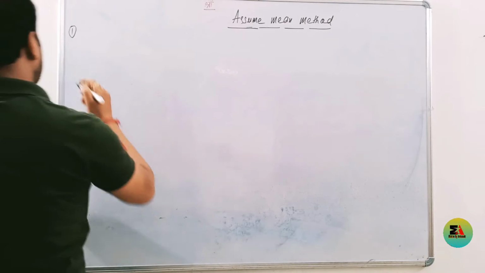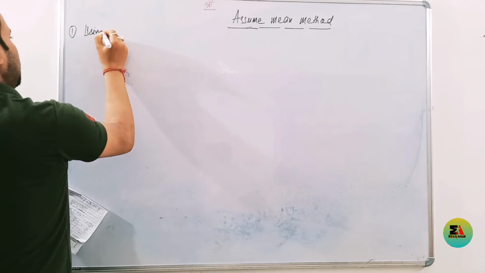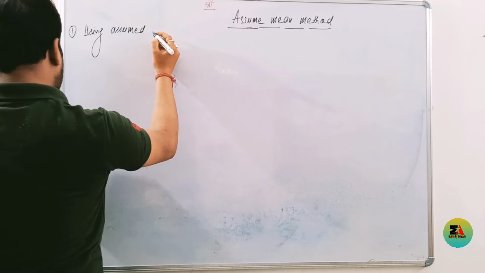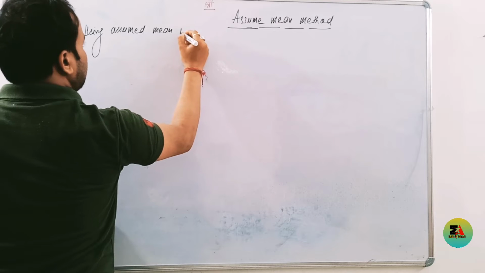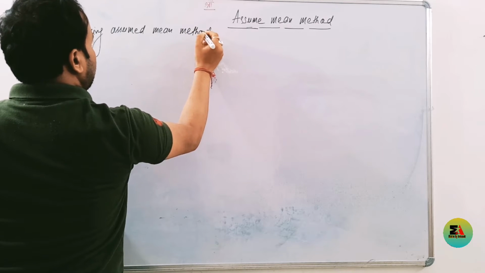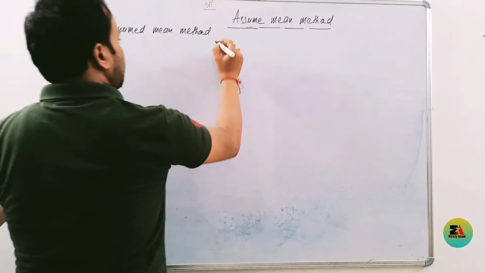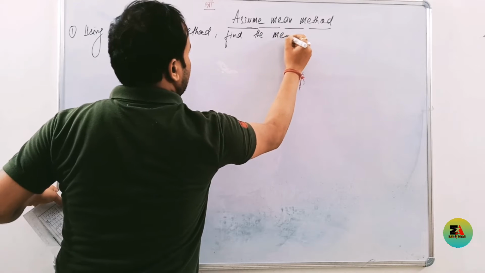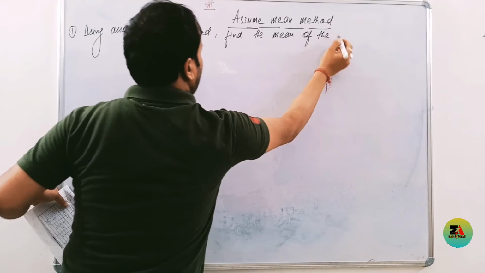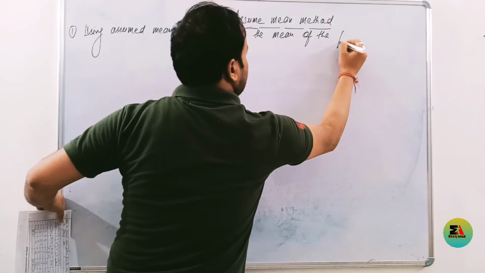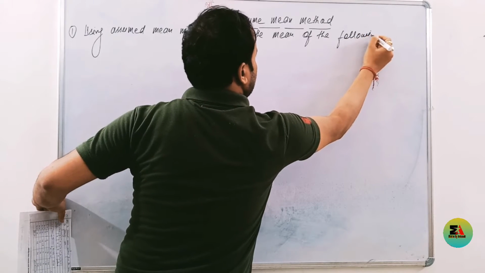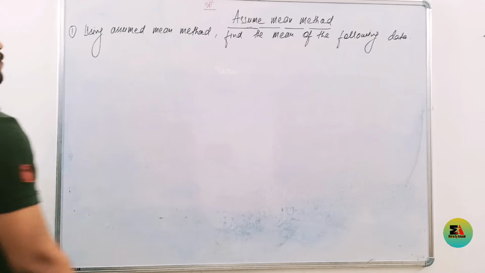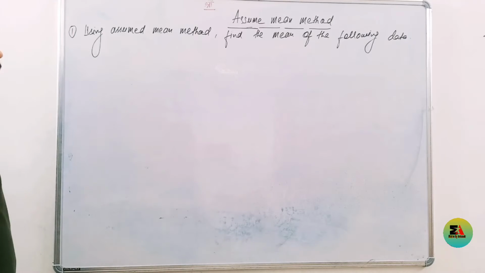The question says: using the assumed mean method, find the mean of the following data. Some data is given, and we have to find the mean using the assumed mean method.